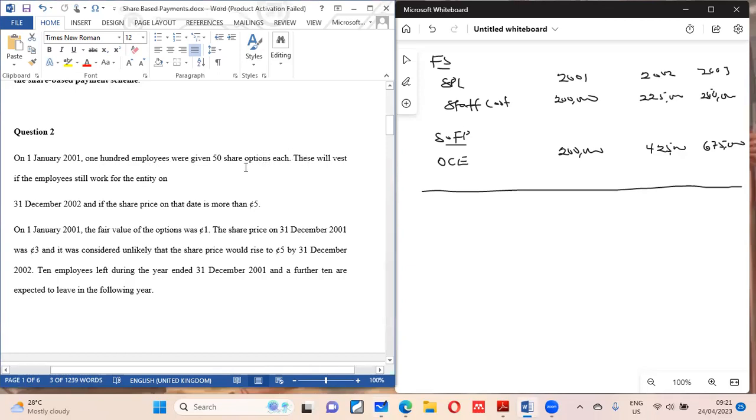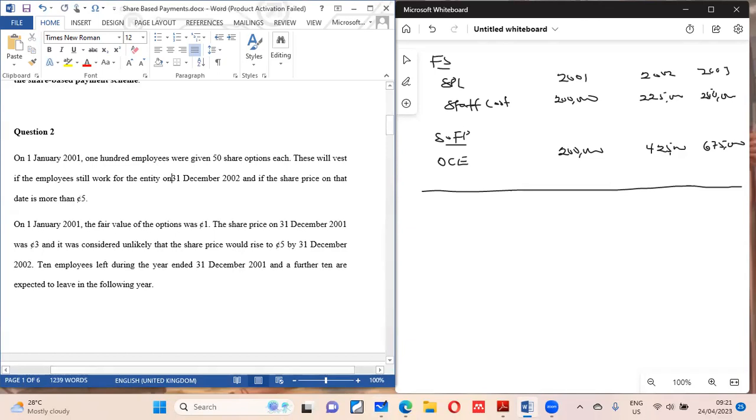This will vest if the employee still stays at work on 31st December 2002. This is what we call a non-market based condition. We will look at them.